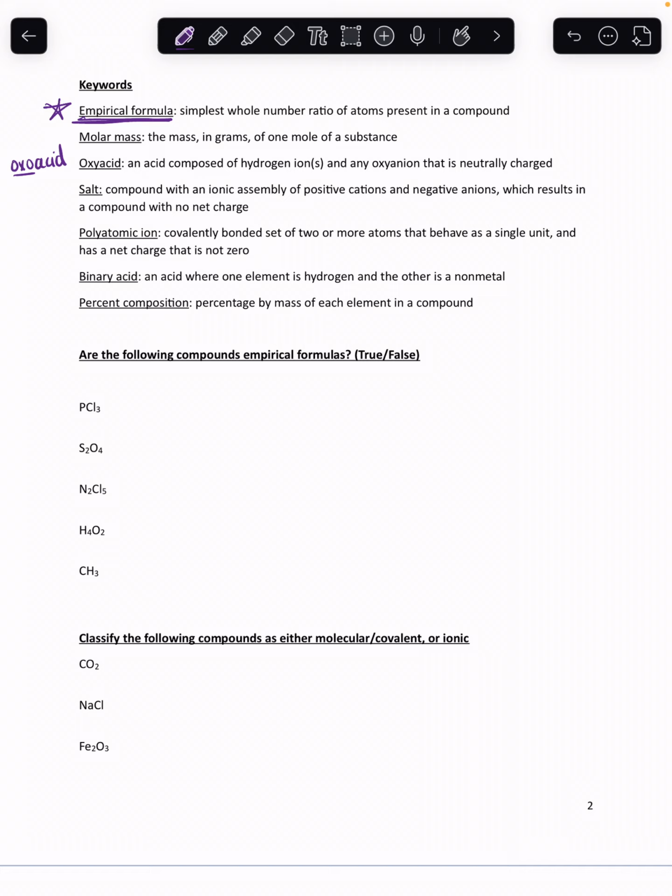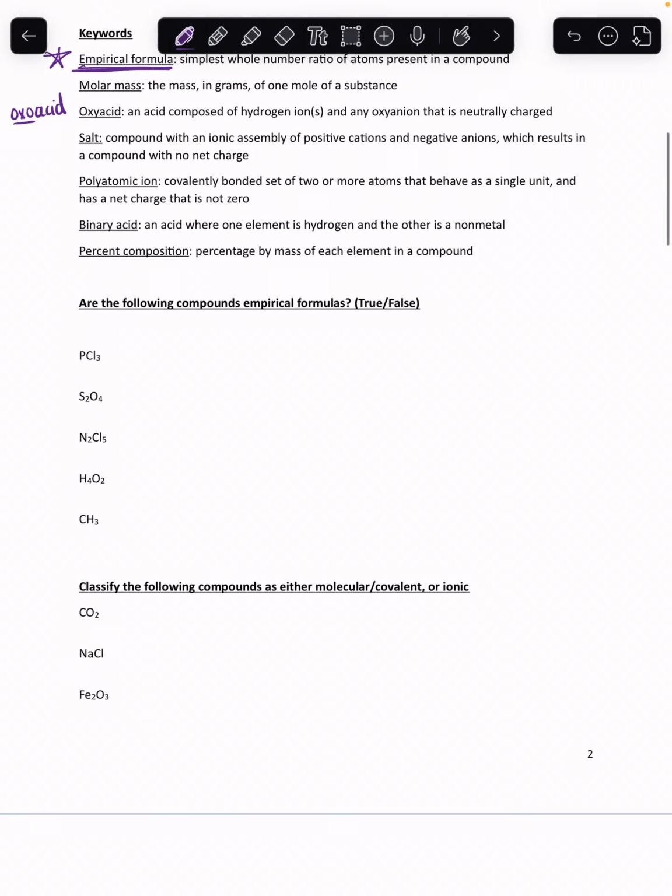It is the simplest whole number ratio of atoms present in a compound. So when you're thinking of empirical formula, think of lowest common multiple, LCM. If you think that two of these subscripts could be divided into each other to make smaller numbers, then it's probably not an empirical formula, okay?